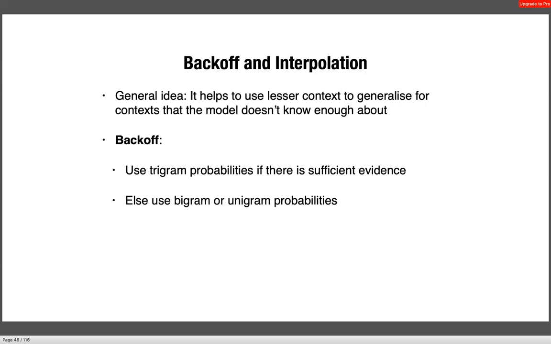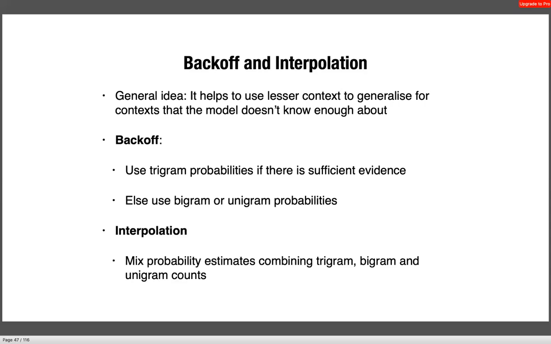So you strip away a little bit from your history of the word context. You're saying, I'm not getting enough counts for both these words in my history, so let me take away one word. Let me only look at the previous word and see whether I have any bigram probabilities. If I don't have that either, then you just back off further to unigram probabilities. That's the overall idea of backoff.